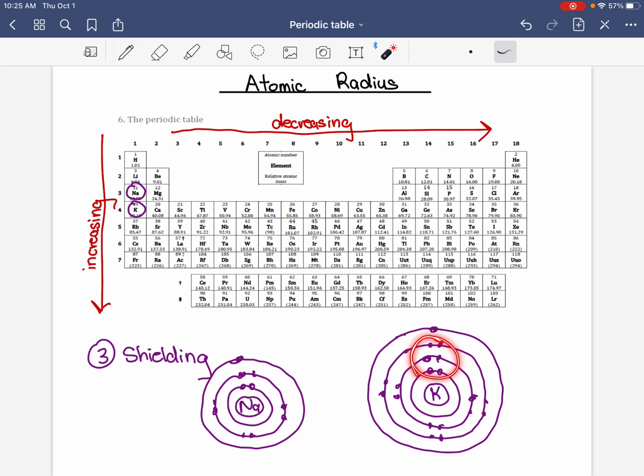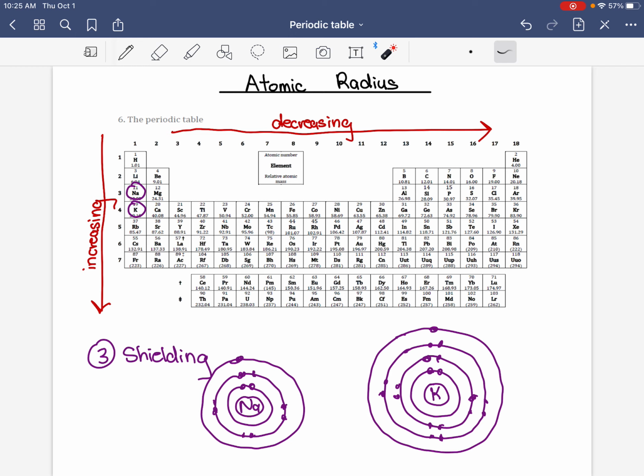They're blocking the attractive effect between the protons and the electrons right there. These protons want to attract these electrons, no doubt. That's what they do. But these electrons are there, blocking the effect. If there's some sort of attractive force between here and here, these guys just kind of ruined it.